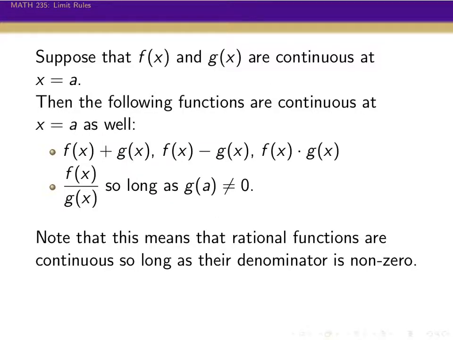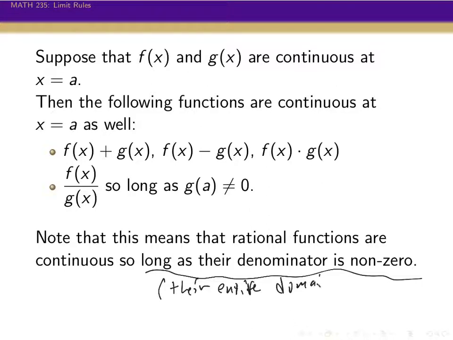So really this means that rational functions are continuous on their entire domain. Anywhere that you can plug in values and get something of meaning, it's going to be continuous there.